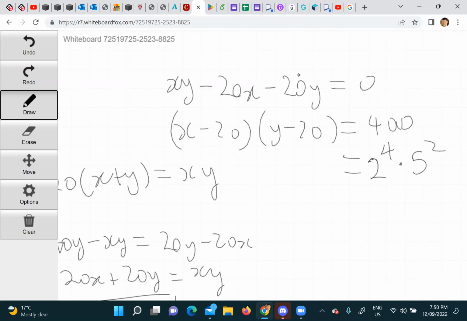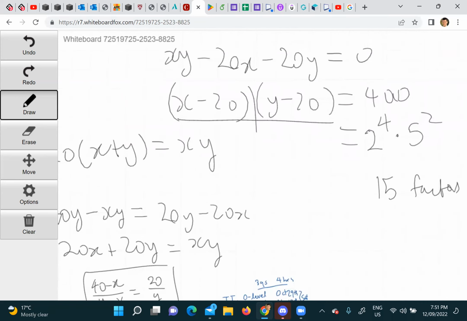So that gives 5 times 3 factors, so it's 15 factors. Then you list all the factors and add 20 to all of them. Then you eliminate the ones where x is smaller, and then the ones that don't satisfy the triangle inequality, and you're left with only one answer.